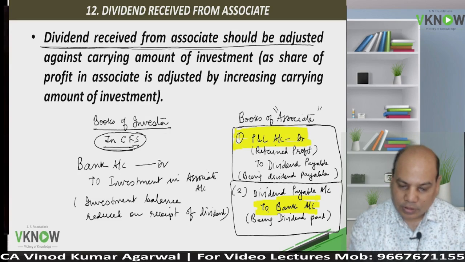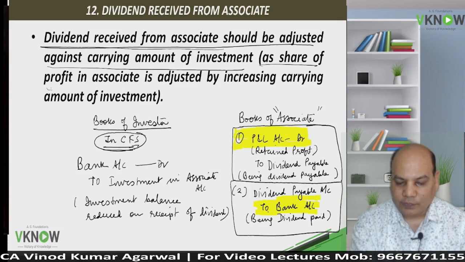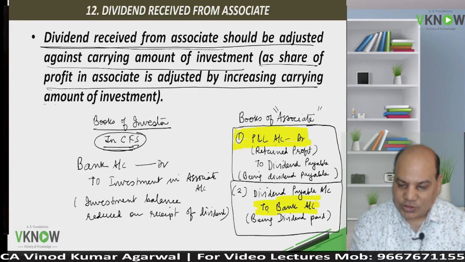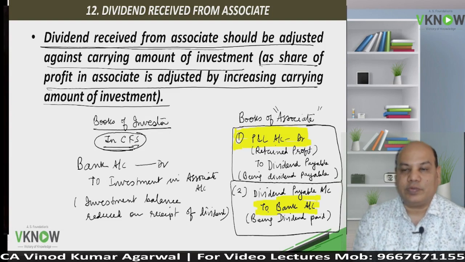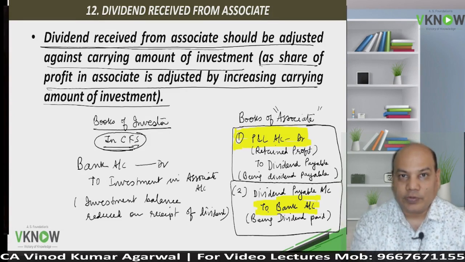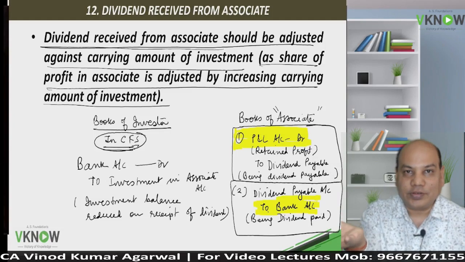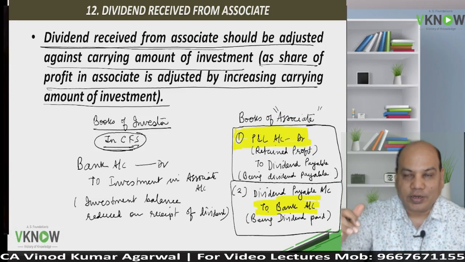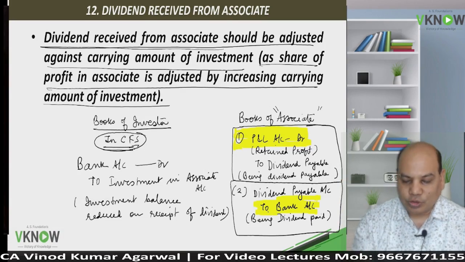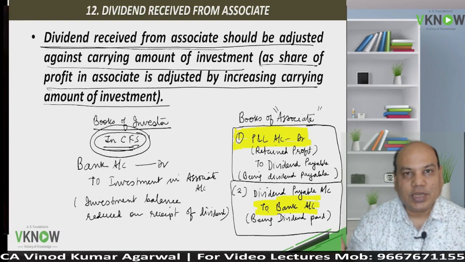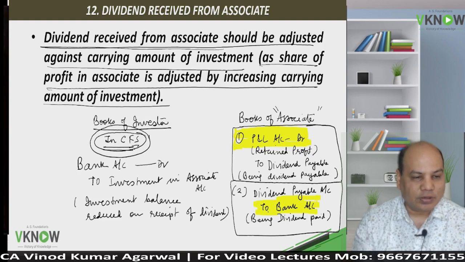Okay, it's written here, against carrying amount of investment, as share of profit in associate is adjusted by increasing the carrying amount of investment. When they earn the profit, the net asset increases. We increase the carrying amount. Now when they are paying the dividend, the net asset reduces. We will reduce the carrying amount of investment. So this entry you will pass in CFS, consolidated financial statement, right?